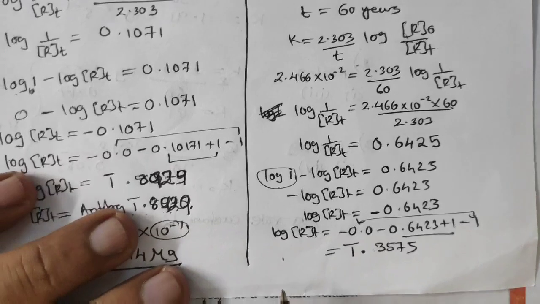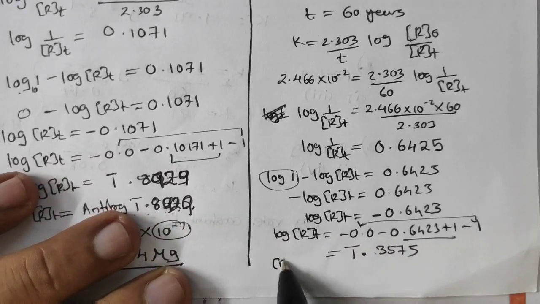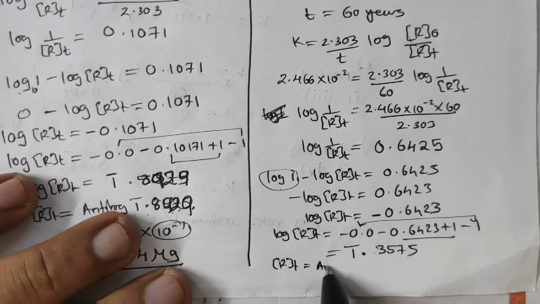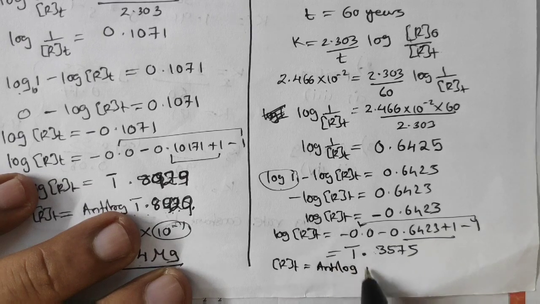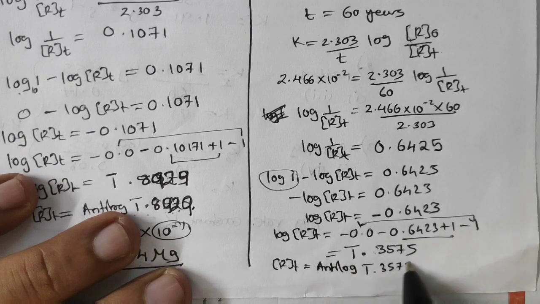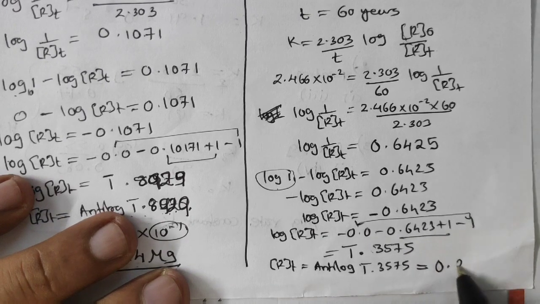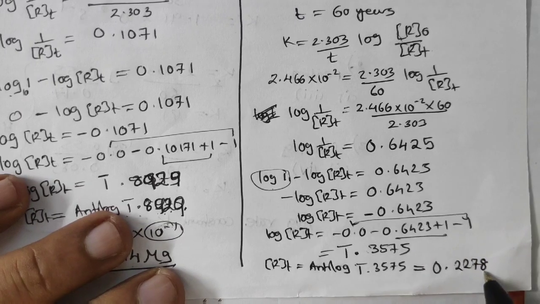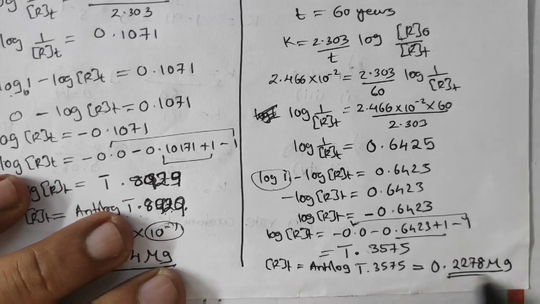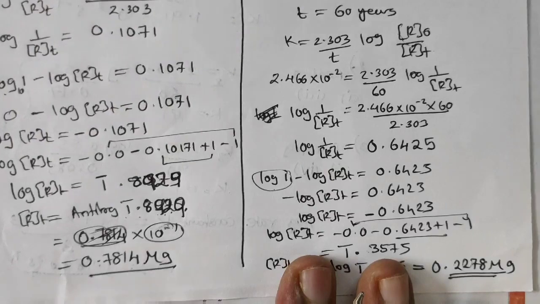So we can write here RT is equal to anti-log of 1 bar 0.3575, and if you simplify this one, it will be equal to 0.2278 microgram. Means this much is the strontium left out. Clear?